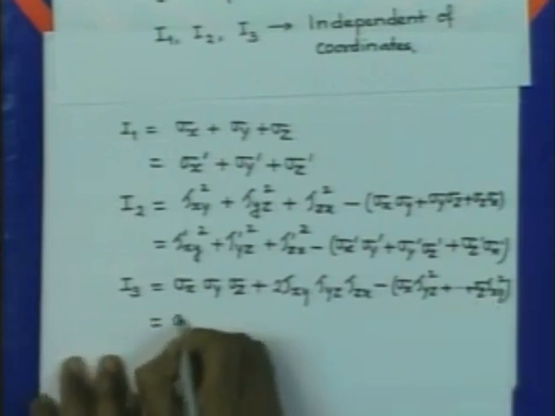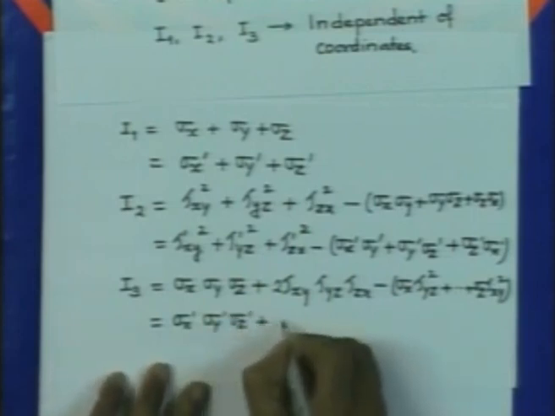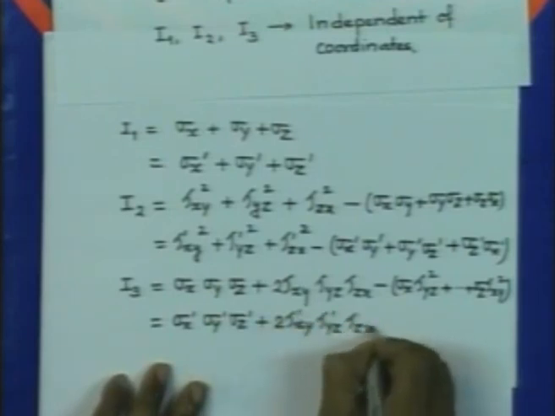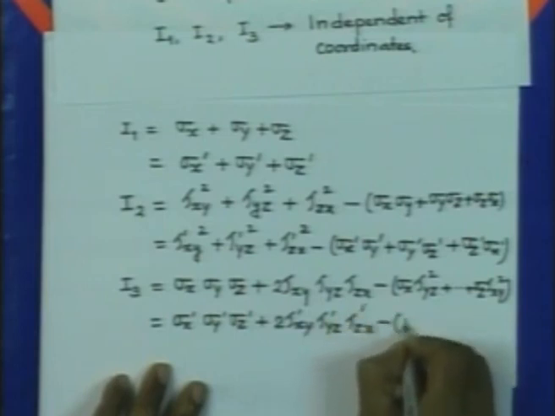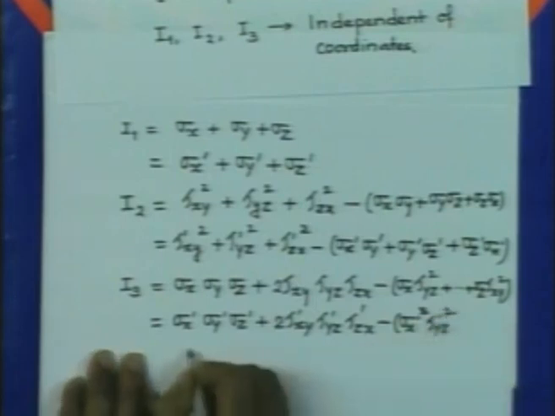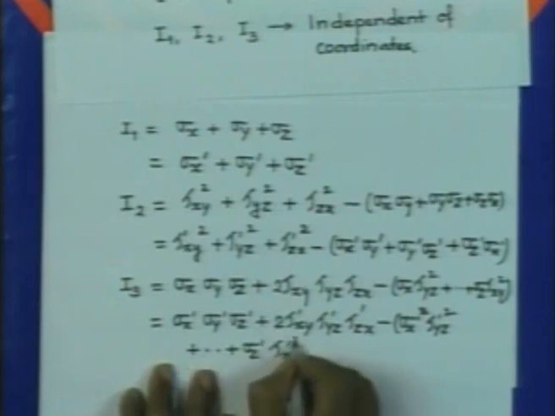It is also equal to sigma x dash sigma y dash sigma z dash plus twice tau xy dash tau yz dash tau zx dash minus sigma x dash tau yz dash square plus sigma y dash tau zx dash square plus sigma z dash tau xy dash square.